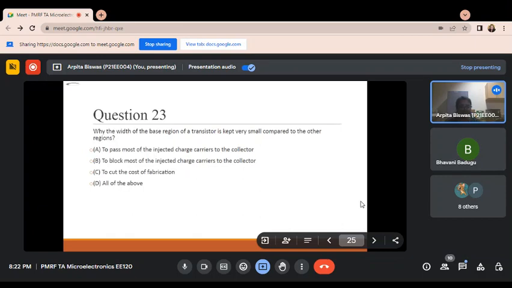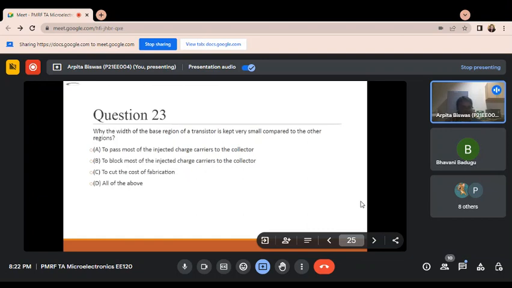Forward bias is greater than the reverse bias, which is at the emitter and base. The reverse bias is greater, and there is a positive terminal which attracts the electron coming from the emitter to the base, so electrons flow from emitter to base and base to collector.